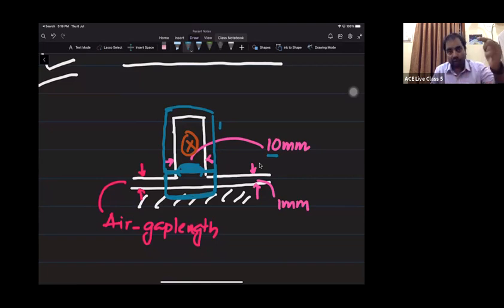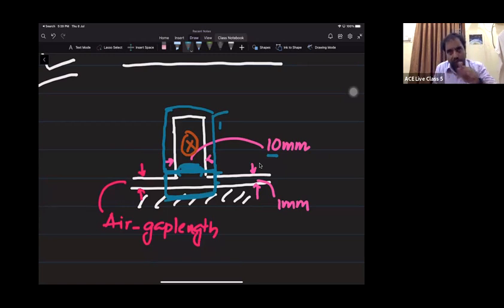So what is the total length? It is 2 mm.